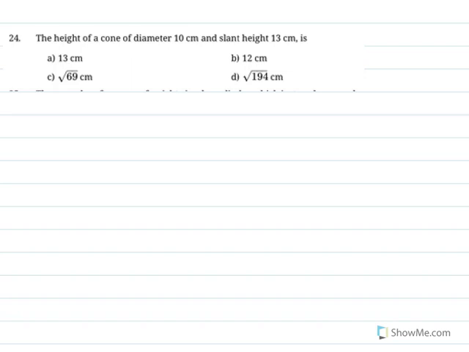The height of a cone of diameter 10 centimeters and slant height 13. So we have a cone. In this cone, the diameter is given as 10, that means the radius is 5. And the slant height is 13.